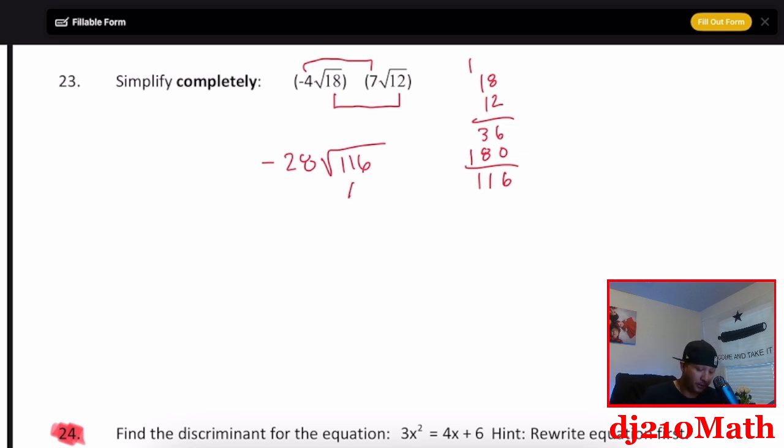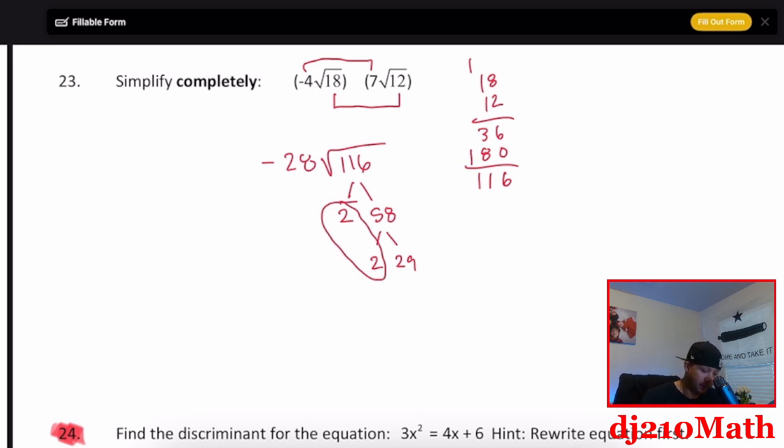But you always want to simplify inside the square root as much as possible. So we can call this 2 and 58. This is going to be 2 and 29, I believe. Yep. And then 29 is a prime number.